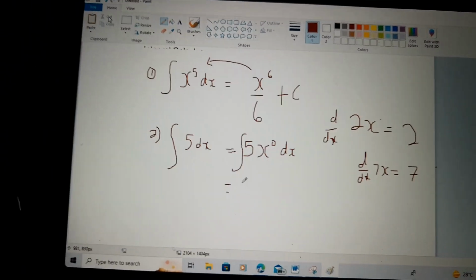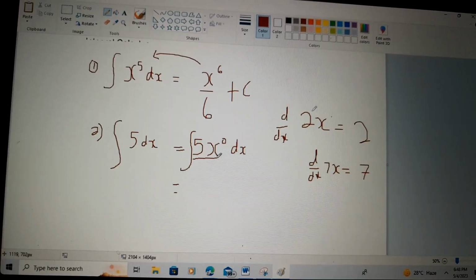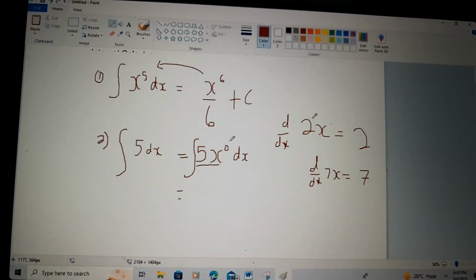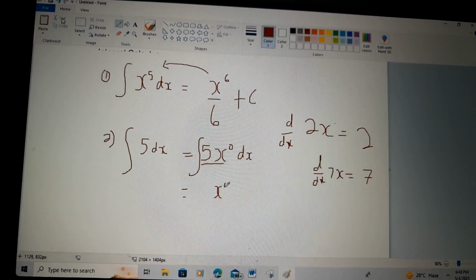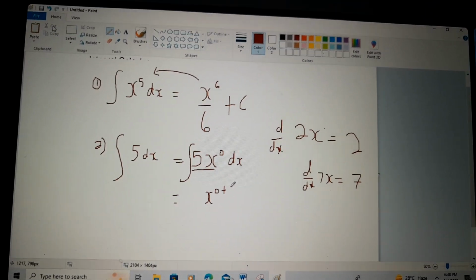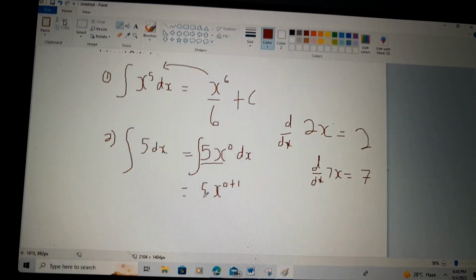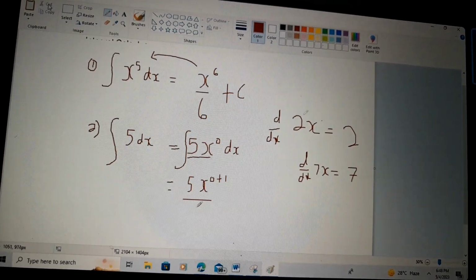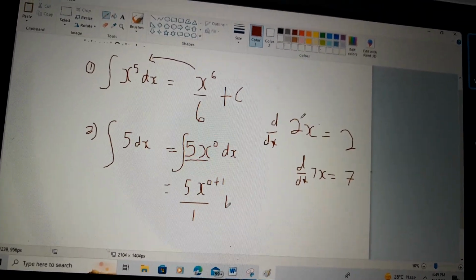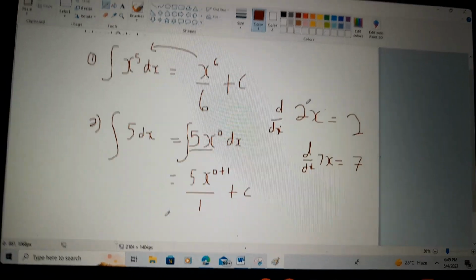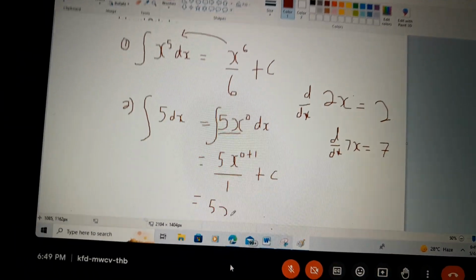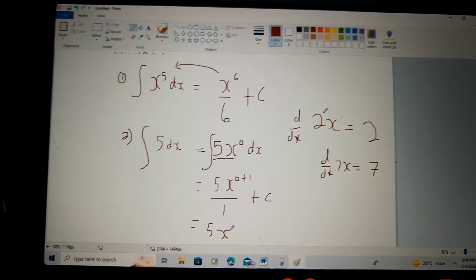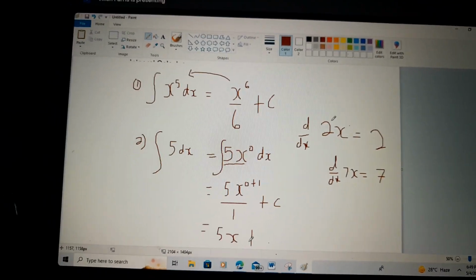So if we apply the rule now, I add 1 to the power, so it will be x to the 0 plus 1, and I divide by the new power, which is 1, then my answer is 5x plus c.